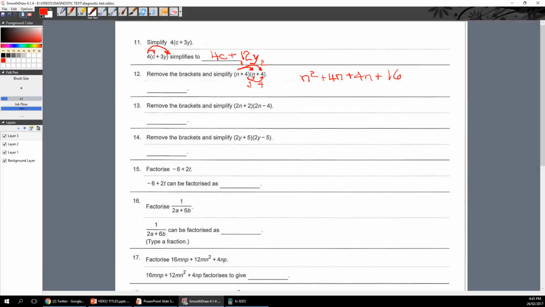Collecting the terms together, we get the answer n squared plus 8n plus 16.